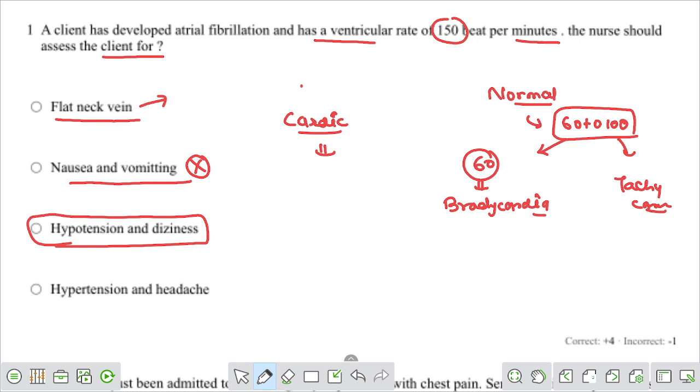Hypertension is not seen here, because hypertension occurs when fluid volume is in excess and more blood is pumped into your blood vessels, causing hypertension and headache. So here the right answer is hypotension and dizziness.